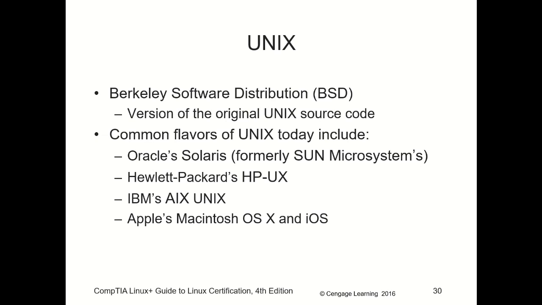You have the Berkeley Software Distribution version of the original Unix source code. The common flavors of Unix today include Oracle's Solaris, formerly Sun Microsystems, HP-UX from Hewlett Packard, and AIX Unix from IBM.